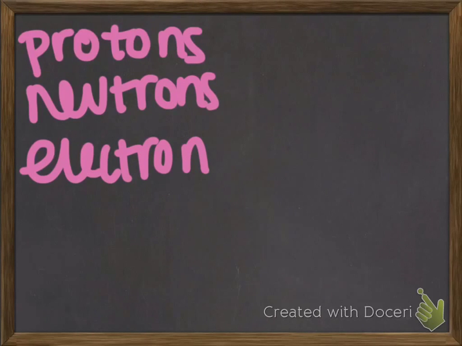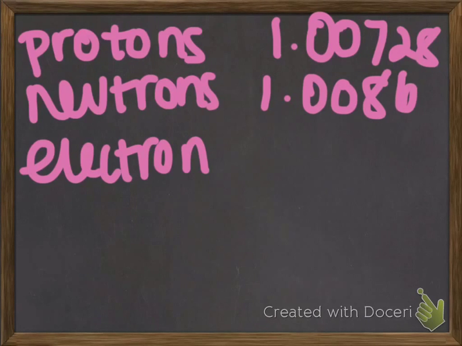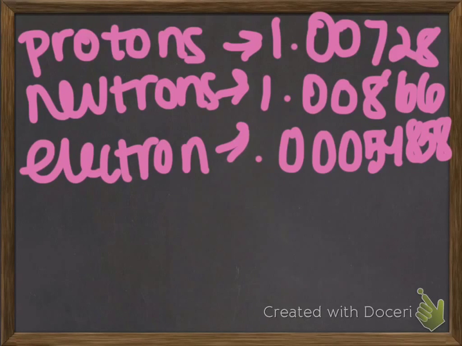Each of these individually have a mass, and what you would do is multiply the masses of each particle with the number of protons, neutrons, and electrons that is in your atom.